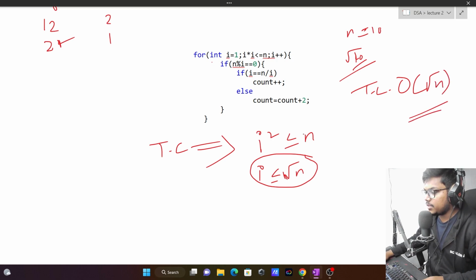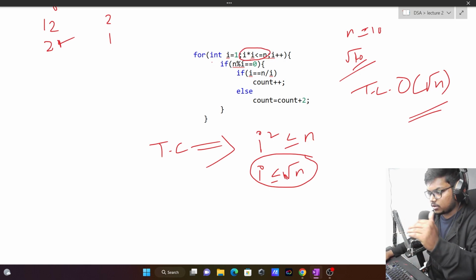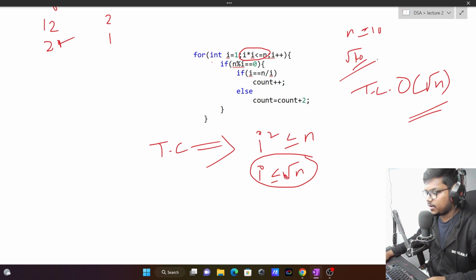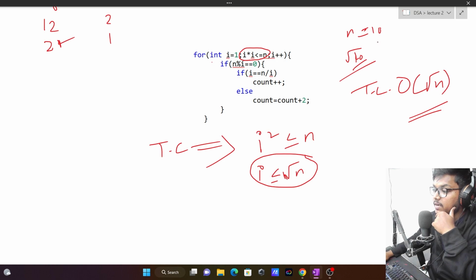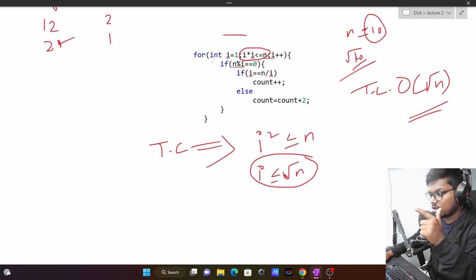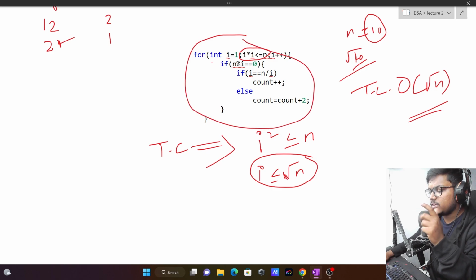We are looping up to only order of root n. For the first loop we did 10 iterations for n equal to 10, but for this code we are doing it only 3 times. Understood?